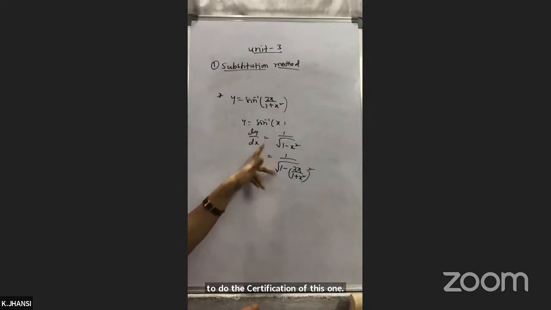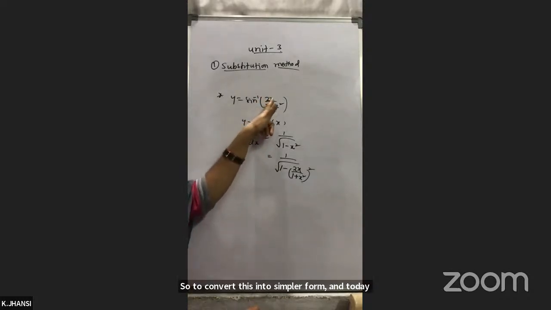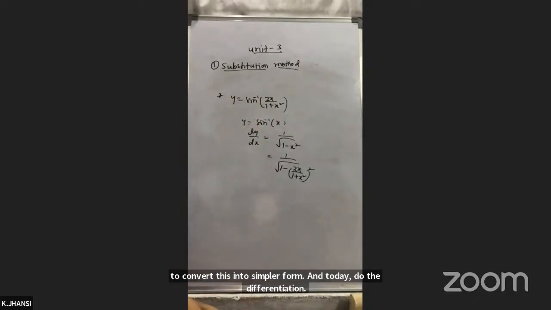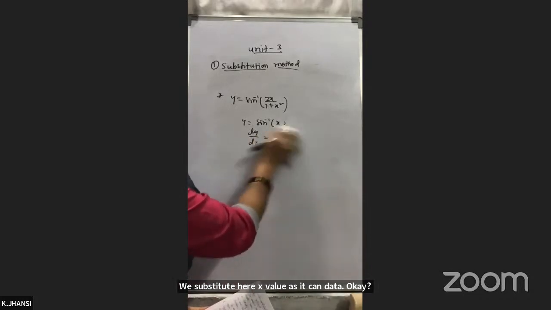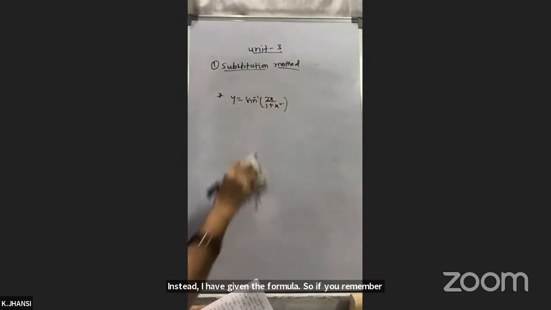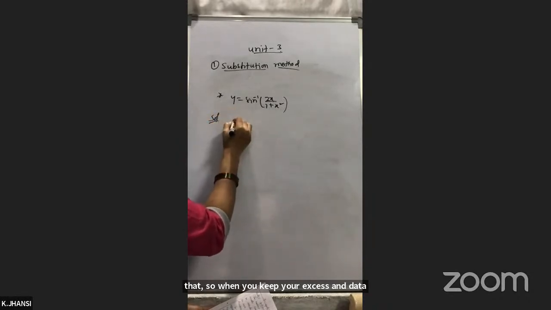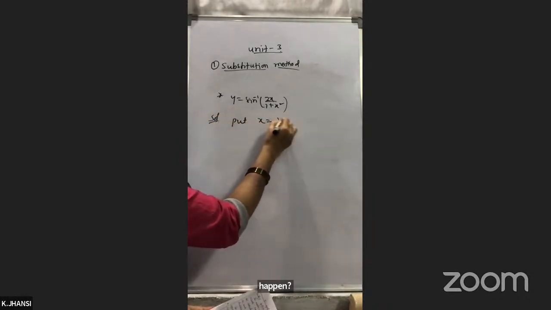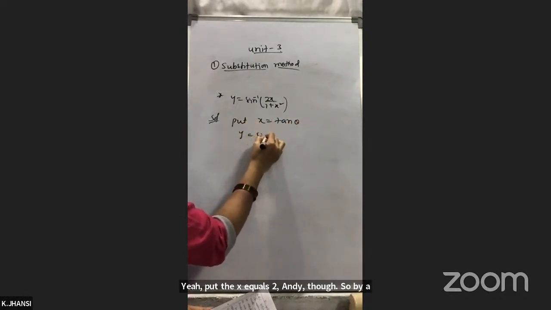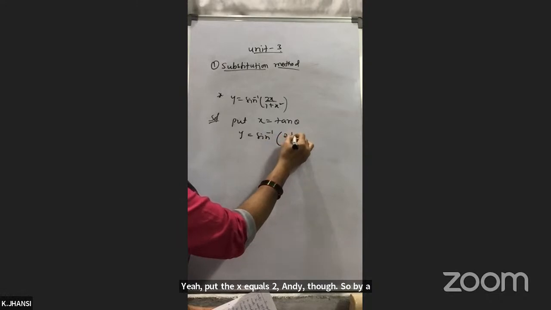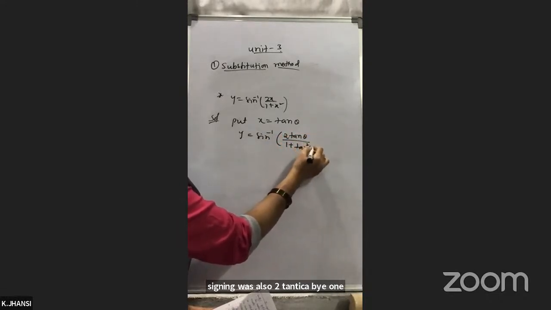So to convert this into a simpler form and do the differentiation, we'll substitute x as tan theta. Yesterday I gave the formulas. If you remember that, when you put x equals tan theta, y will be sine inverse of 2 tan theta by 1 plus tan square theta.